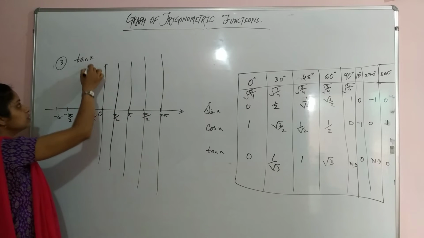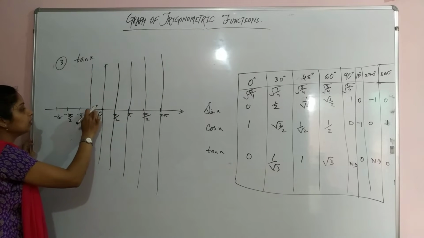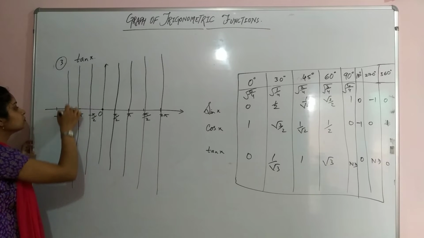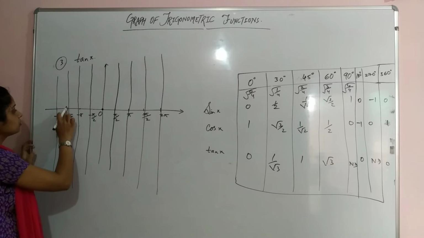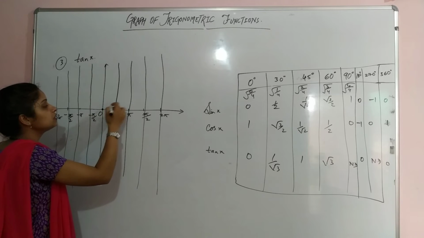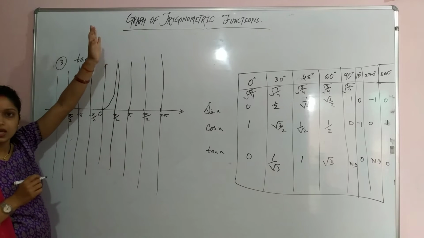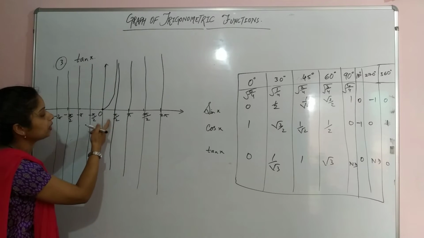parallel to y axis, same on the left hand side also, this. Okay, so at pi by 2 this is 90, so it is going like this, tending towards the infinity at pi by 2.